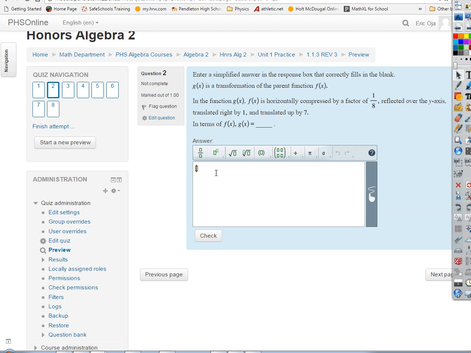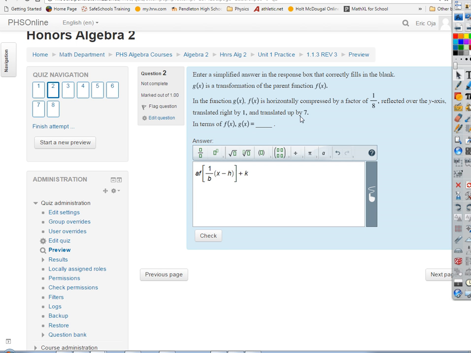So again, let's just start with our template. Okay, so there's our template.